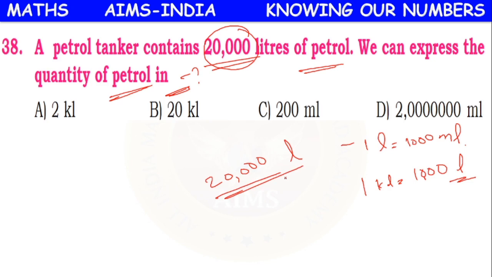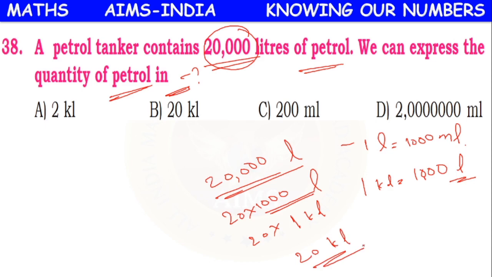So 20,000 liters, how can we express it in these ways? We can write 20 into 1000 liters, or instead of 1000 liters I can keep 1 kiloliter, that means 20 kiloliters. That is one possible answer. Or 20,000 into, instead of 1 liter, 1000 milliliters.